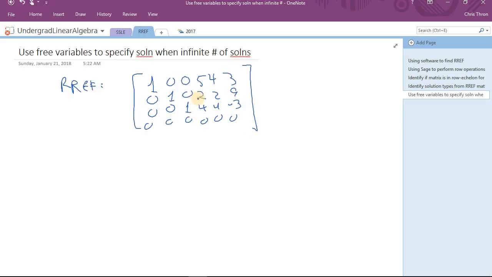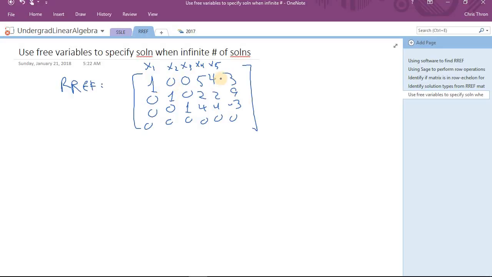All right? Now, this is already a form, so let's interpret this. This is my first variable, x1, x2, x3, x4, x5, and then this is the constant column.